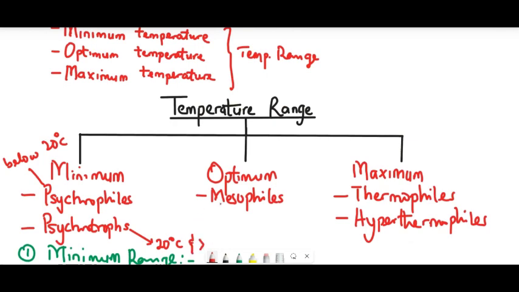So for optimal range, we have the mesophiles, which operate between 20 degrees Celsius to 45 degrees Celsius, right? Then we have the maximum range. We have the thermophiles and the hyperthermophiles. For thermophiles, they operate between 45 to 70 degrees Celsius, right? For hyperthermophiles, they operate between 70 and above, and any temperature greater than 70.